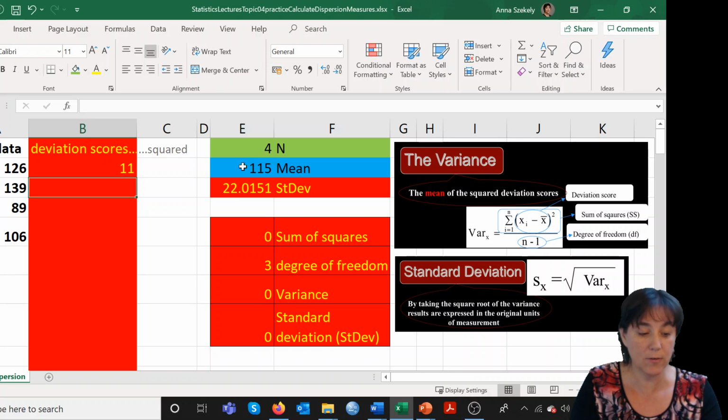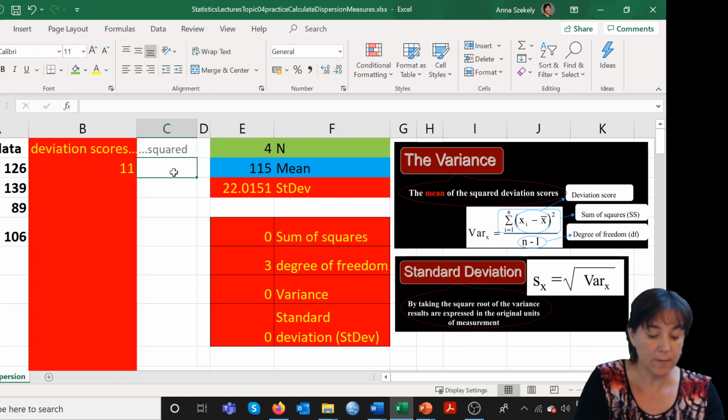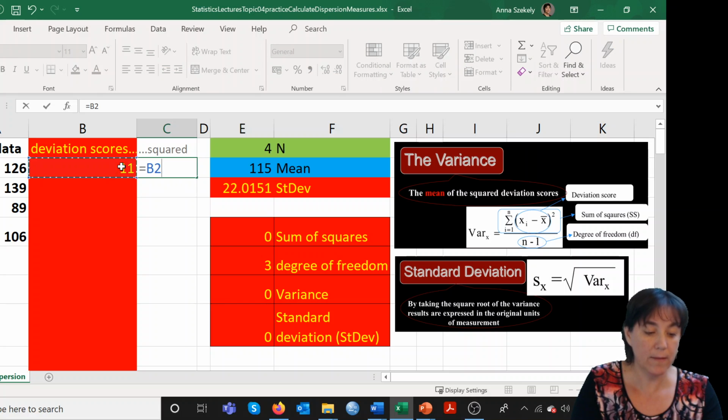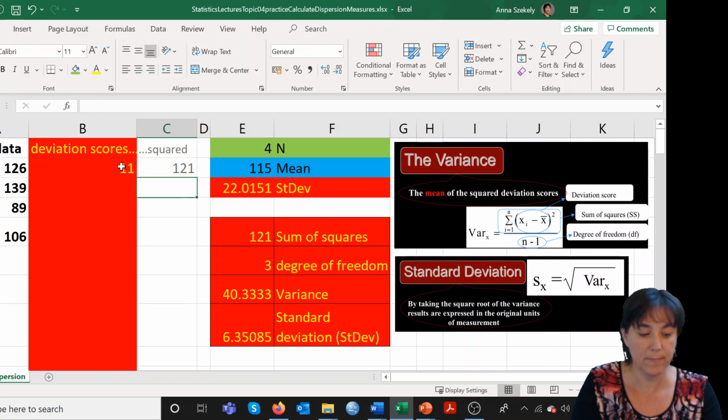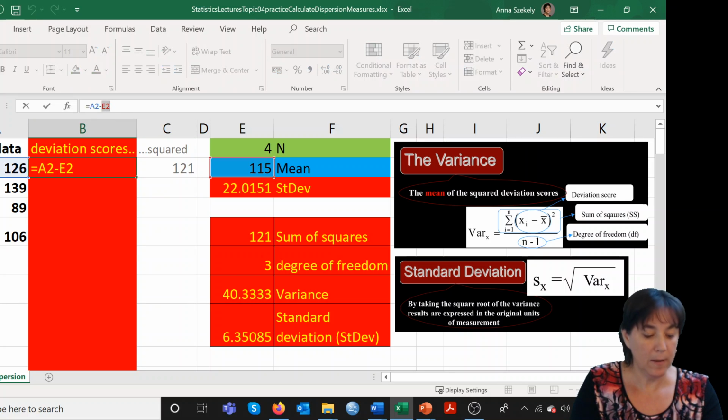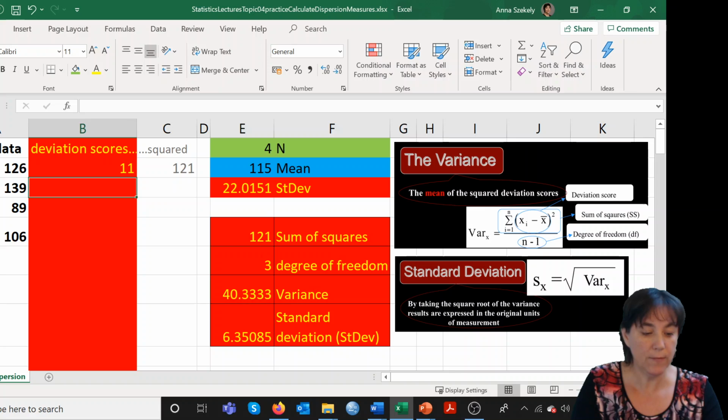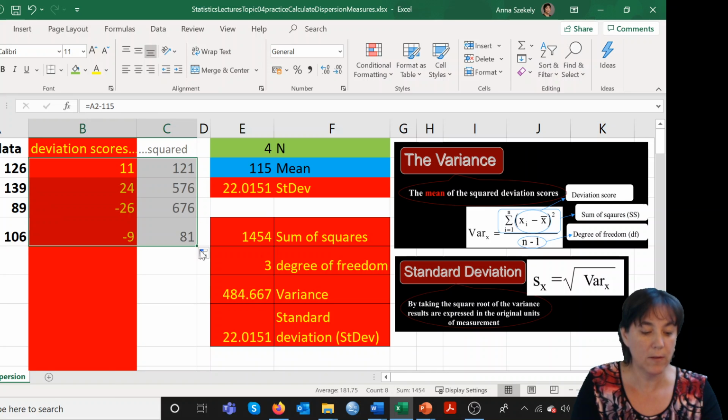That's my deviation score. I also need it to be squared, so that equals this number times this number again. Okay, here I'm just going to put 115 to be able to pull this down as a very fast way of arriving at these results.